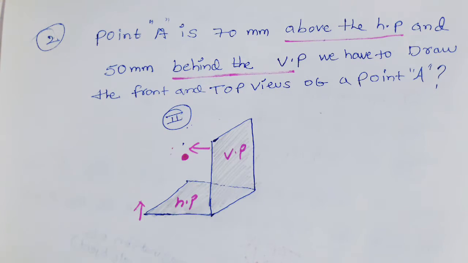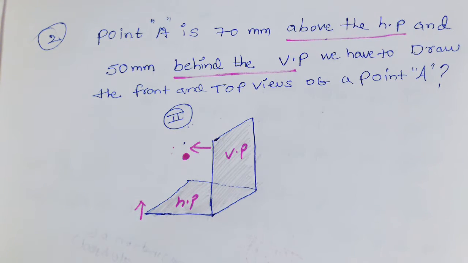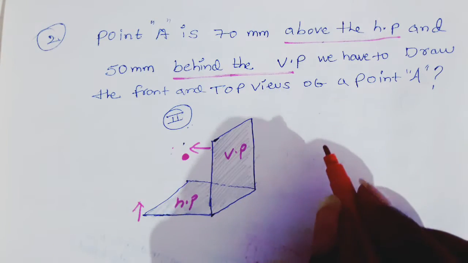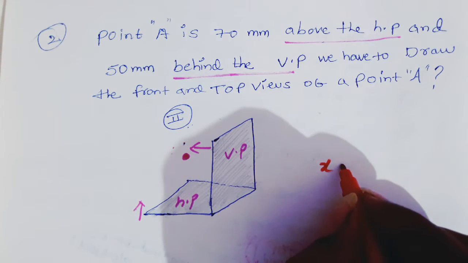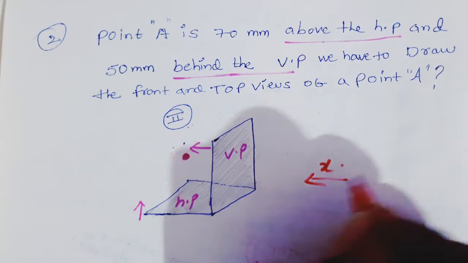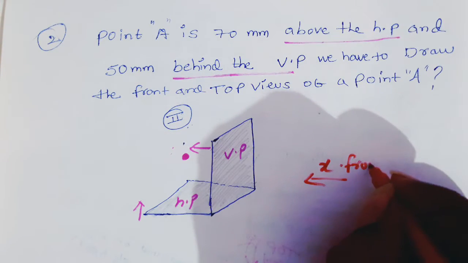When you look at the point from the distance of x, this is called the front view.